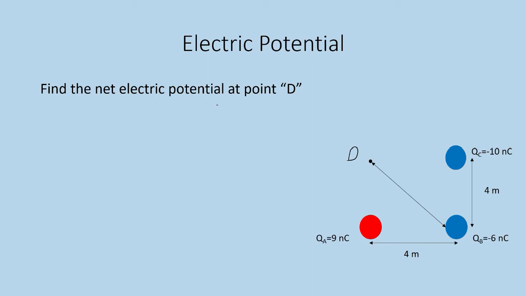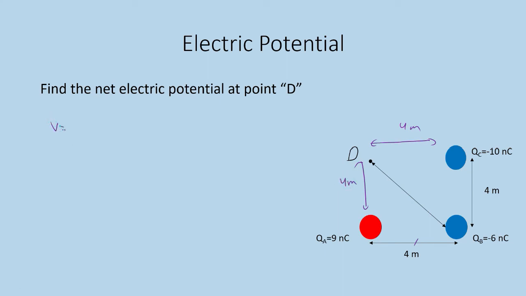Find the net electric potential at point D. So again, at point D, the distance from D to C is 4 meters, the same as this distance, and CB is the same as AD, so this will also be 4 meters.